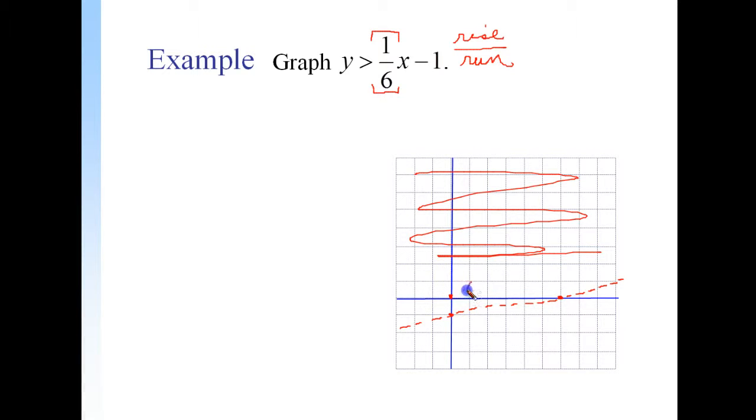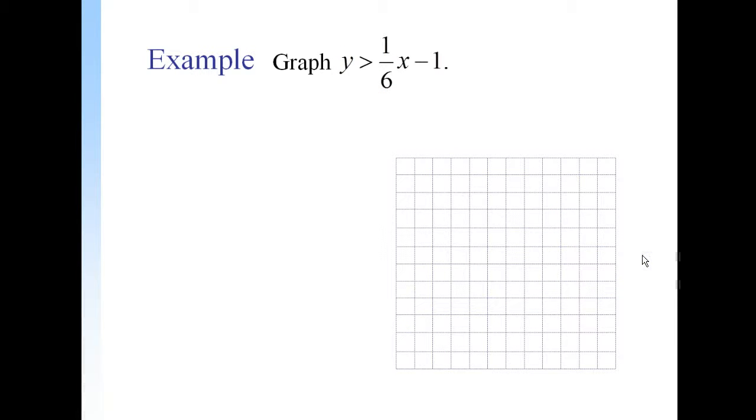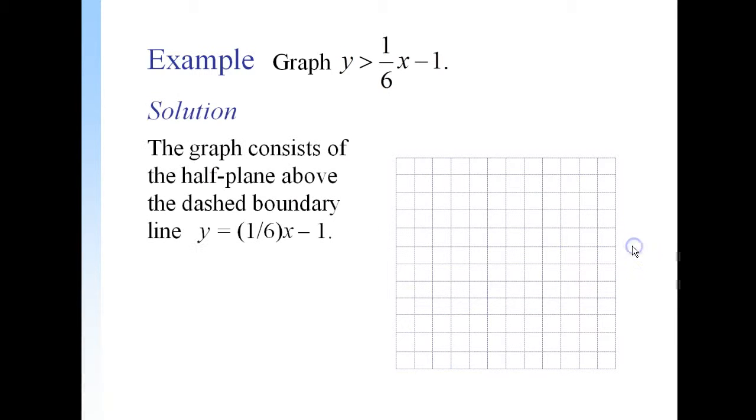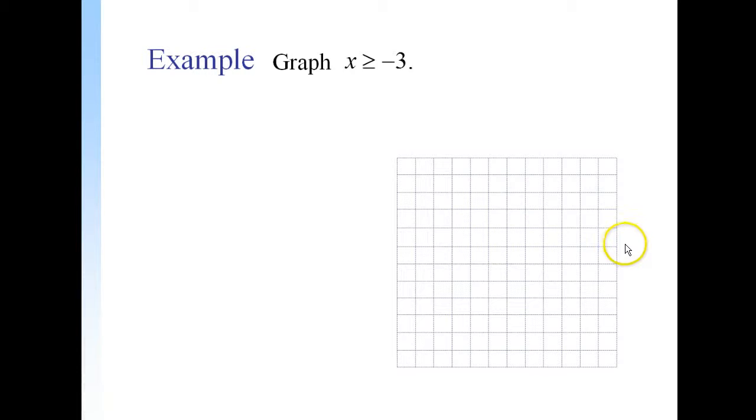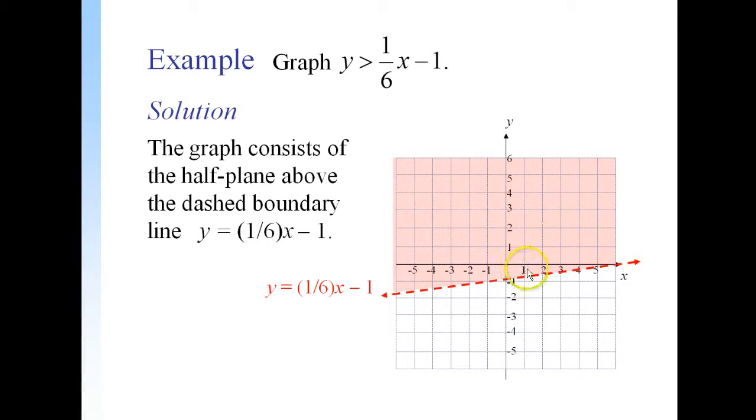Now, let's do a test point. Our origin, if that is 0 and that is 0, is 0 greater than -1? Yes. So our test point is in the correct half plane. And there it is. And that's what we had.